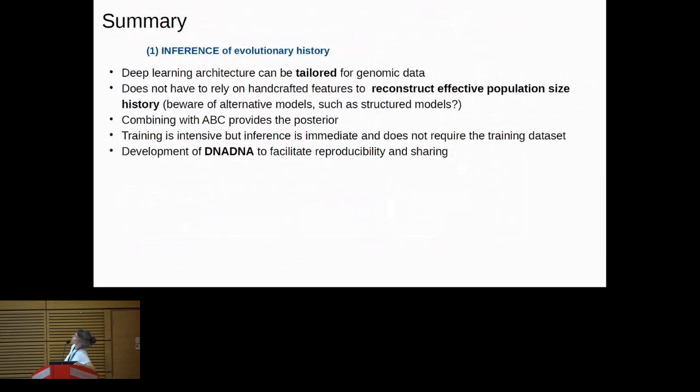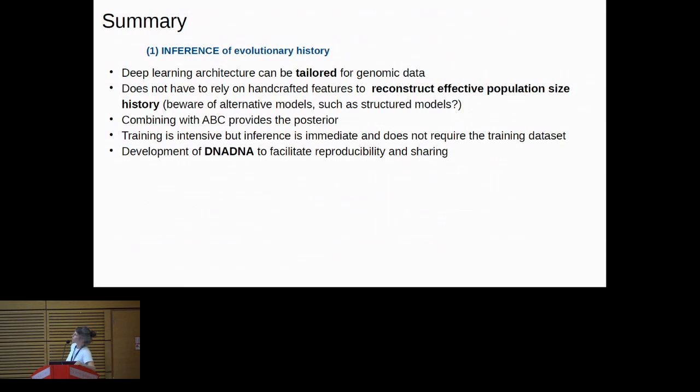So to summarize this part, I showed that the way you design the architecture matters, and you can think about architectures that are tailored for generating data. You can use them to reconstruct effective population size without relying on handcrafted features. You can combine that with ABC to get a posterior distribution.